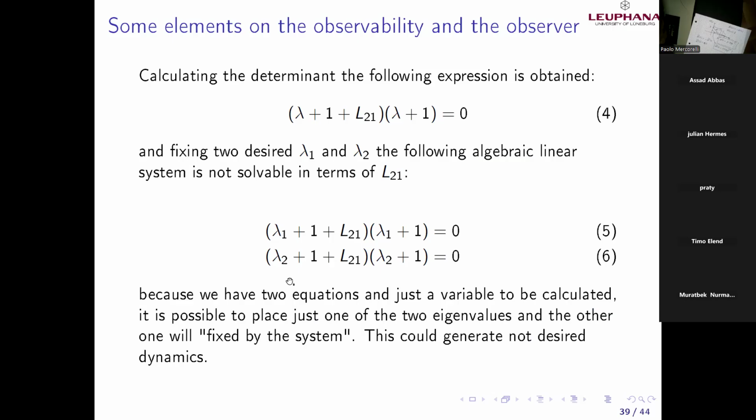Eigenvalue stable means its real part is negative. I can do that if the system is detectable. With a particular choice of lambda 1, lambda 2 is at least stable with real part negative. Of course, I will have a particular L21. This means I cannot fix both arbitrarily, but I can build an observer.